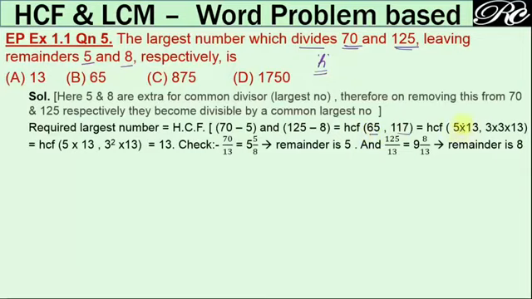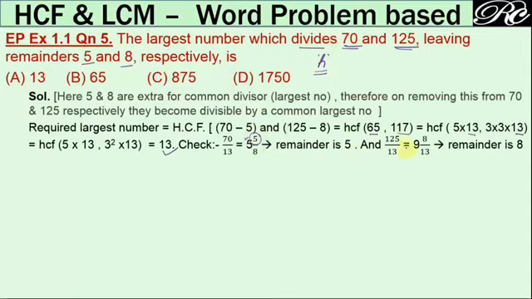Go for prime factorization. 65 is 5 into 13 and 117 is 3 into 3 into 13. Here we are getting this 13 is common, so the HCF is 13. This can also be checked to see whether it is correct or not. If we divide 70 by 13, it goes 5 times and the remainder is 5.